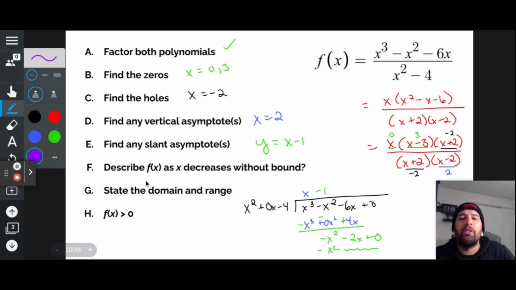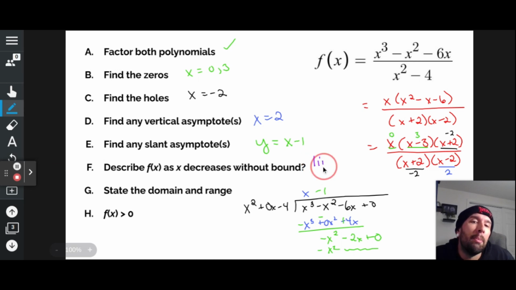This next one is asking, describe f of x as x decreases without bound. Now, what does x decreasing without bound mean? The limit as x approaches negative infinity. The way you find the limit as x approaches negative infinity of any rational is you take the leading coefficient over the leading coefficient and simplify that.